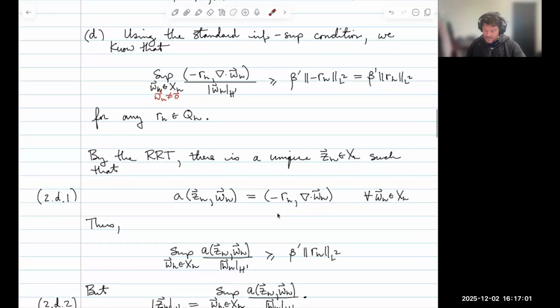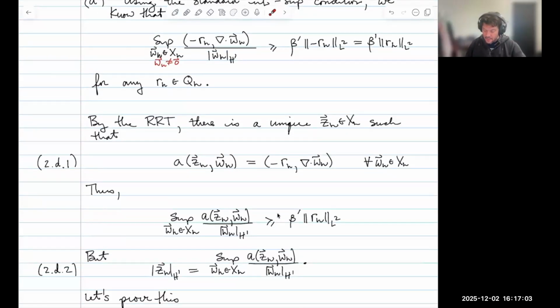Now, by the Riesz representation theorem, there exists a unique ZH in XH that solves this problem. The question is, why is that true? We actually discussed this a little bit last time, and the reason is because this object over here is a linear functional. For every given RH, it's a linear functional for objects from XH.